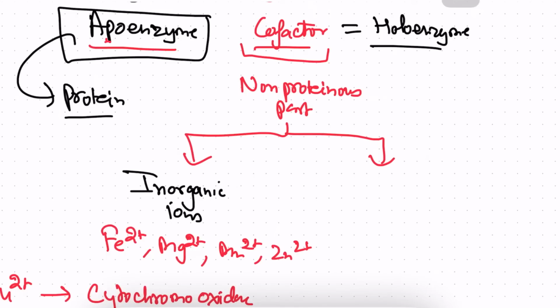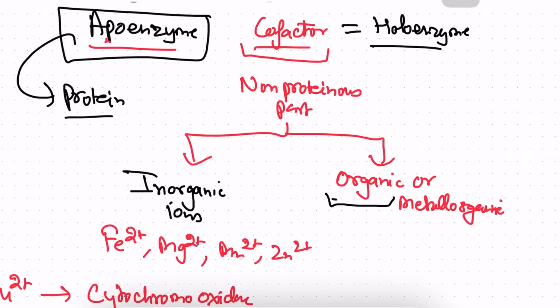One is inorganic ions, another can be organic, or you can say metallo-organic component. Now if the cofactor is organic, this is known as coenzyme.